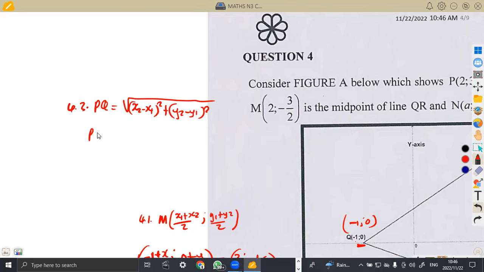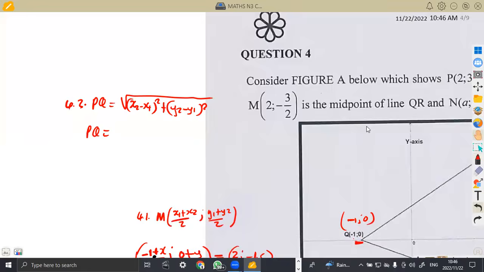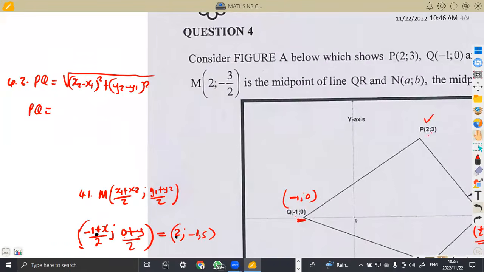So we are referring to PQ, from P to Q. This is x, this is y, this is x, this is y. So it's the square root of -1 minus 2 squared plus y, that's 0, and that one is 3.